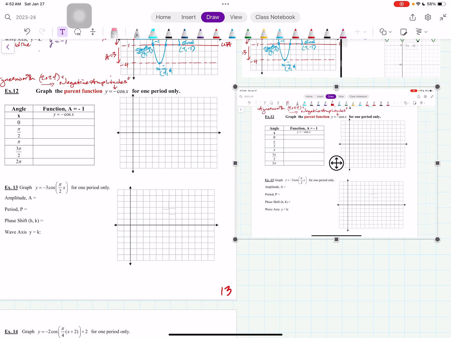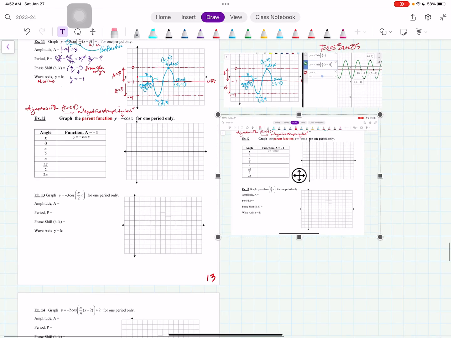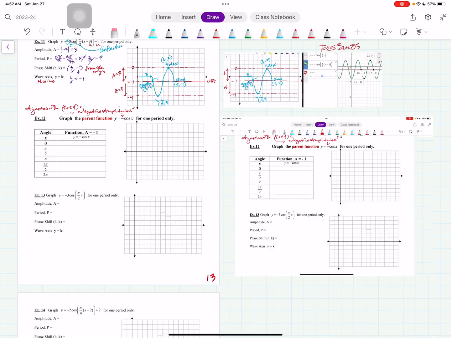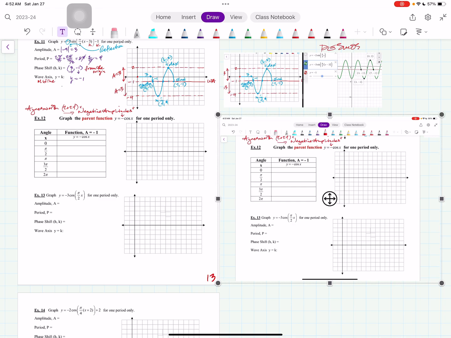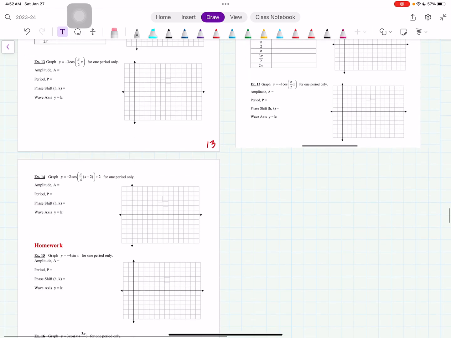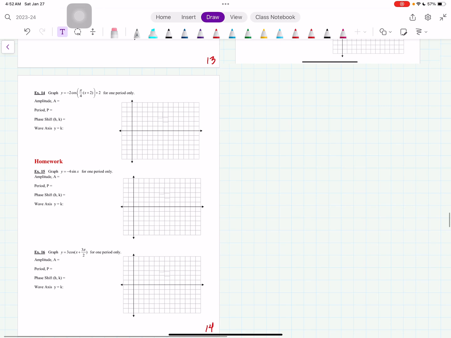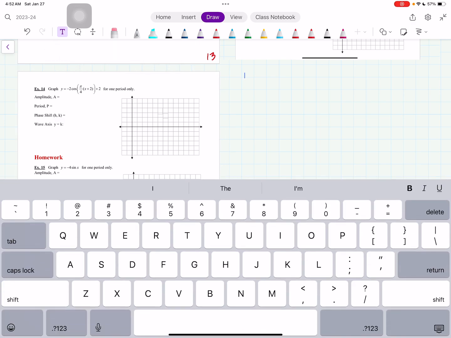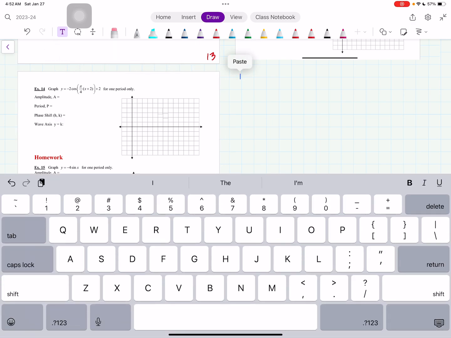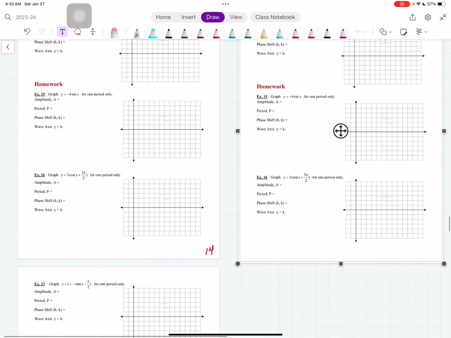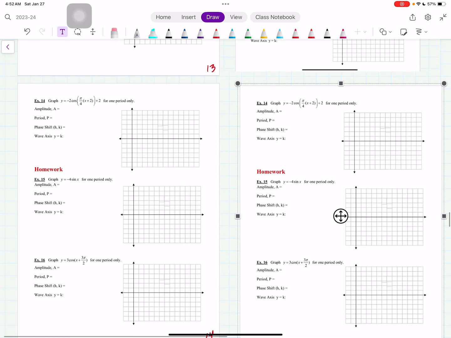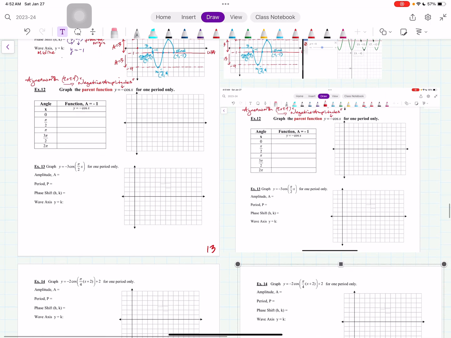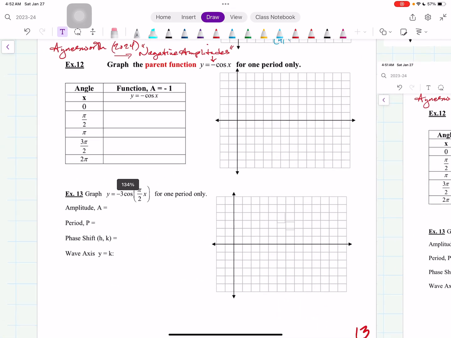So I'm going to show 2 different ways. Notice that I just put that off to the side for method number 2. Also, this one here as well, just press and hold on this next page, copy it, and then go off to the side, press and hold, and paste this one here too. So notice we have 2 copies of the same document, so we can do it 2 different ways.